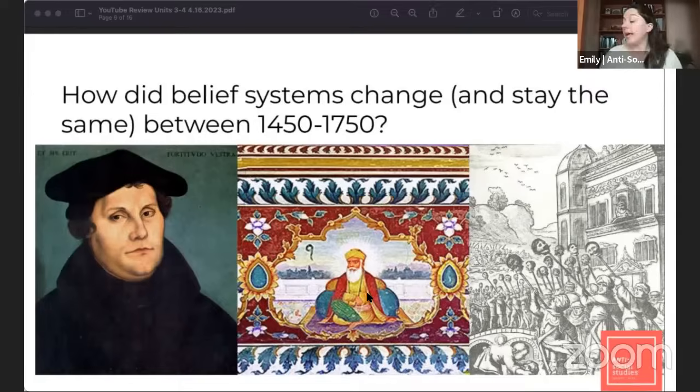Keep in mind, there were other states who wanted to avoid this and tried to create unifying religions. So we also have Akbar in the Mughal Empire who tries to create this new divine faith. He's like, hey, we're all actually more similar than we think. I'm going to create a new faith that mixes together Islam, Christianity, Hinduism, Zoroastrianism, all into one thing.